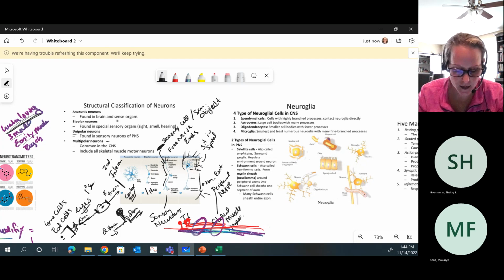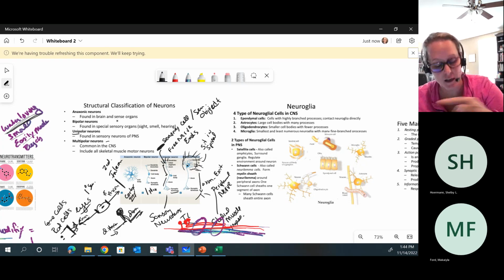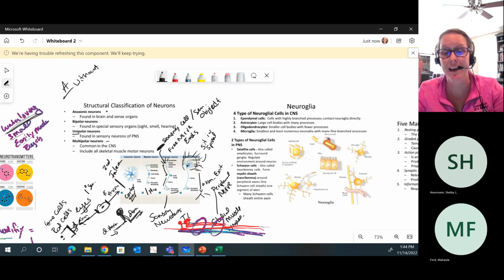It looks like it doesn't have any extended branches, and it's without an axon. So remember, a in front of something usually means without. All right. So anaxonic neurons, without an axon. Okay. So these are the types of neurons that we know of.